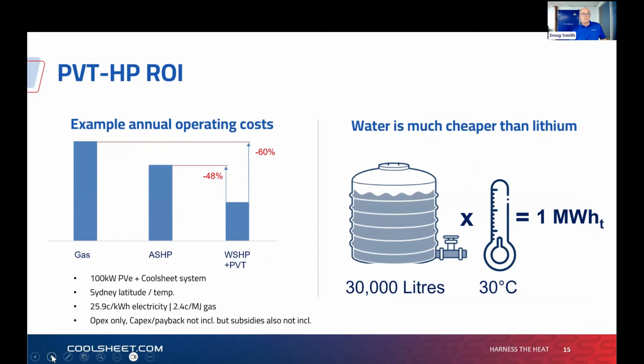Versus gas, you're saving between 60 to 80% on your annual operating costs if you're moving off gas to a PVT and heat pump solution. And versus air source, the more efficient water source pumps are saving 40 to 50% in energy operating costs. Happy to talk more about that another time.